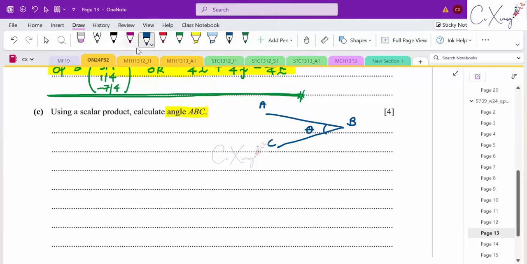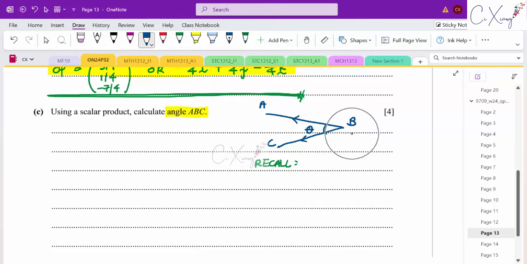And in the scalar product, actually it involves the vector. Okay, so when you are using the vector, you have to make sure that the vectors that you are using are both going out from the point at the angle. So like for this case, the theta is at the point B, right? So when you want to apply the scalar product, please make sure that you are using the vectors that are both going out.